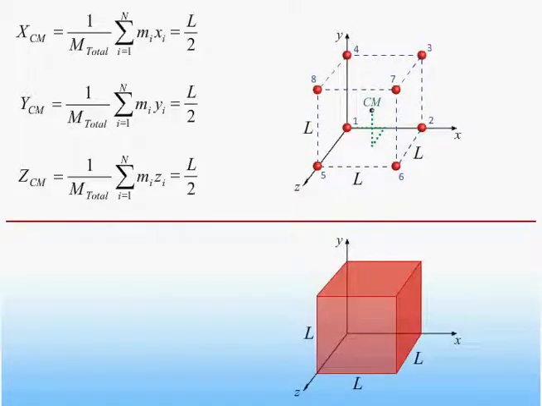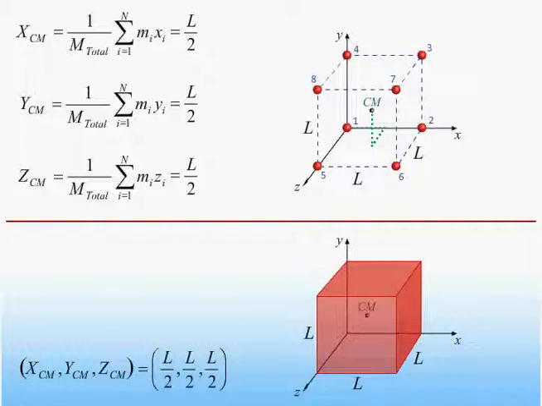Now, suppose the cube was a solid made up of millions of atoms, rather than just 8 particles on the corners. We suspect the answer would be the same, that the center of mass is still in the middle. But how can we prove this conjecture when actually performing the sum over millions of atoms seems difficult, if not impossible?